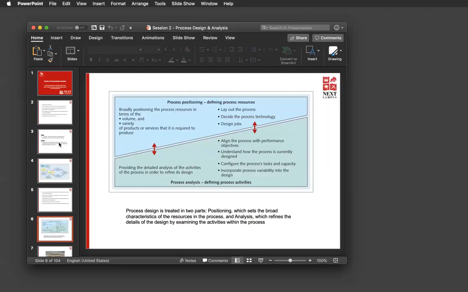So that's now redefining the process, analyzing and redesigning the process in such a way that improves on the previous process that was in store. So this is very important. Positioning of the process, defining the process resources.